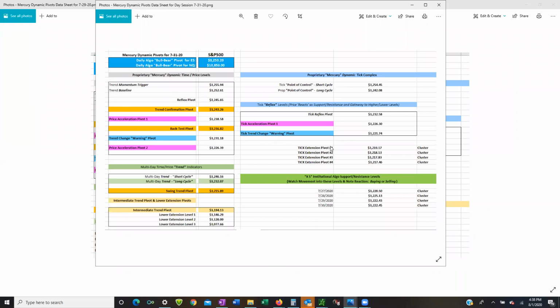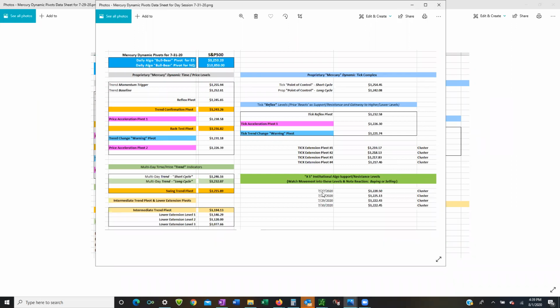But the reason I'm showing you this is notice that we've got 4 tick pivots, and I have never seen this before. These 4 are the longest ones. These are really long tick pivots. And what blew me away when I ran this is all 4 of them are within less than 2 handles. 1746, 1970. I've never seen that before. And that's why price keeps going back down into those levels.